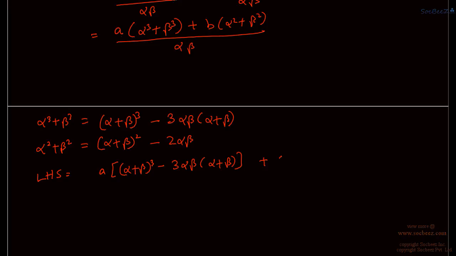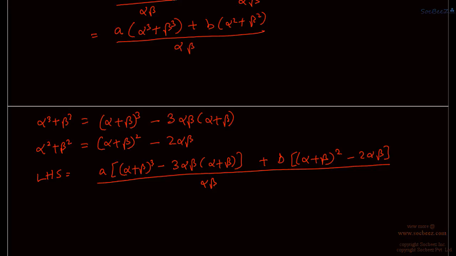And here it would be alpha plus beta whole squared minus 2 alpha beta, the whole thing by alpha beta.